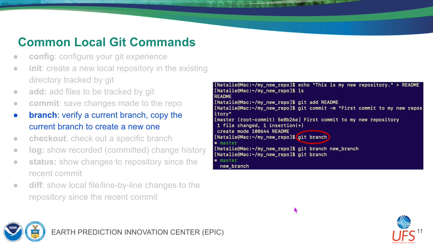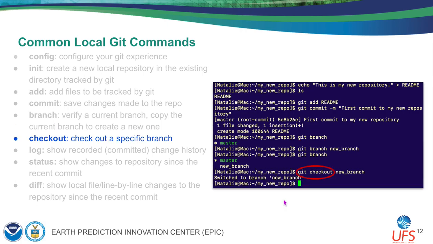Then we can create a new branch by issuing git branch new-branch, and then git checkout new-branch will make our working location the new branch, not master.